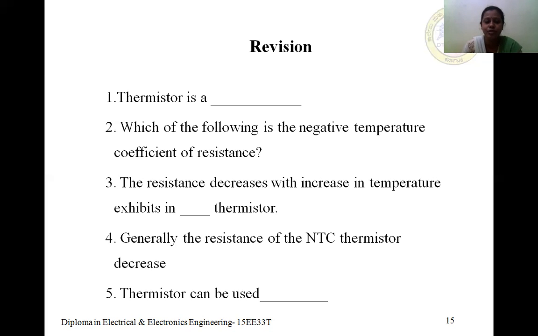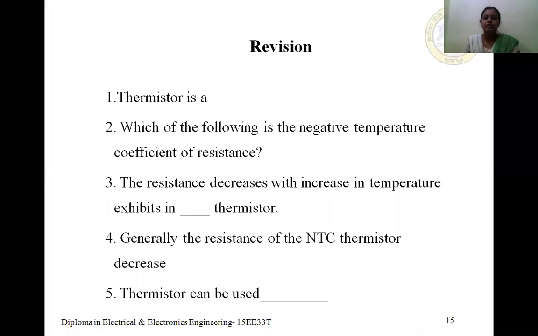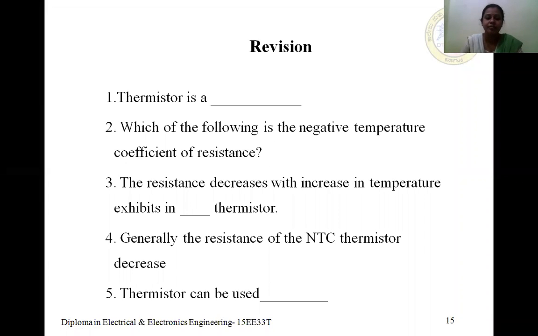Next, the fifth question: thermistor can be used as a current limiting device, heating element and resistance thermometer. So the answer for the fifth question is as a current limiting device, heating element and resistance thermometer.